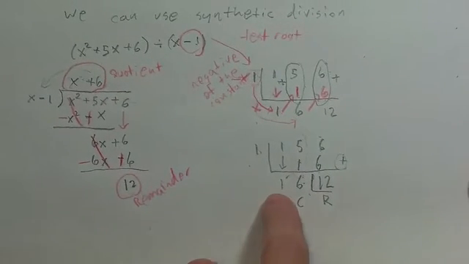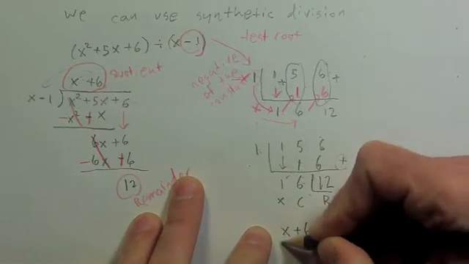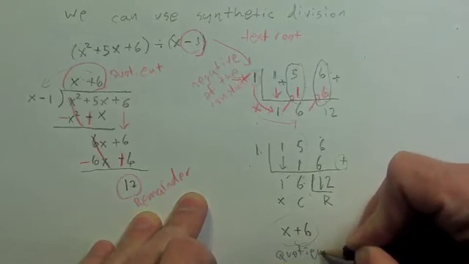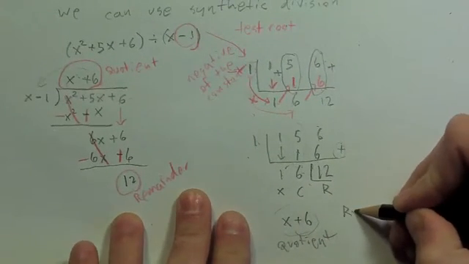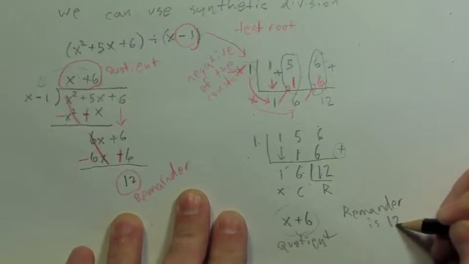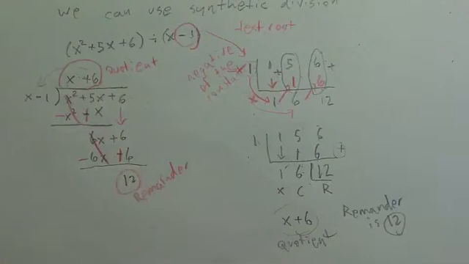So what that means is I have x plus 6, that's my quotient, and my remainder is 12. Hey, that's exactly what we got over here. Our remainder was 12, our quotient was x plus 6.